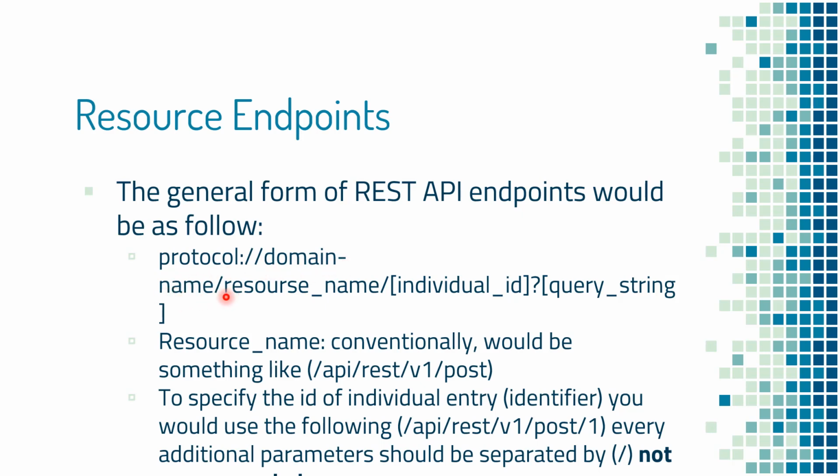Then we will have a resource name, something like this: API REST version 1 post. All this path is considered to be just one resource.